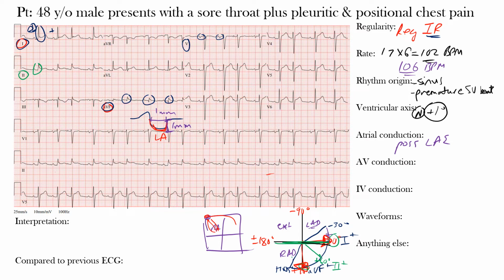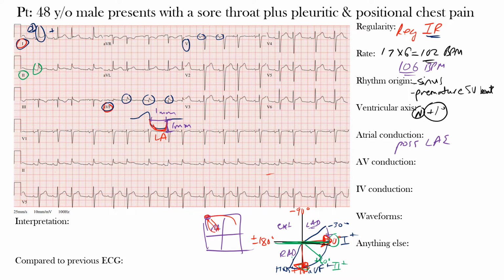All right, so let's move on to AV, or atrioventricular conduction. In this case, we're looking for any conduction delays as the impulse travels between the atria and the ventricles, because the majority of the PR interval represents AV nodal conduction, and so we're going to look there. Normal PR interval in adults is between 120 and 200 milliseconds, or 3 to 5 small boxes. In this case, it appears that the PR interval is within normal limits.